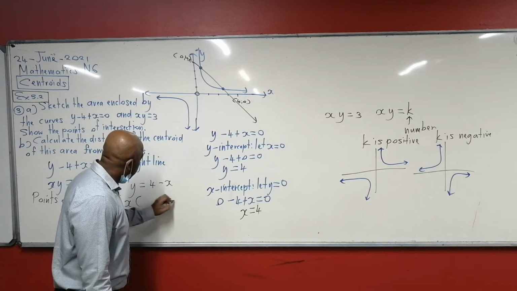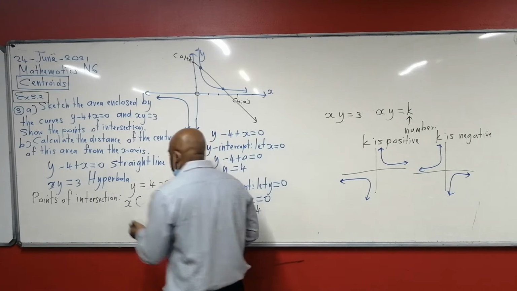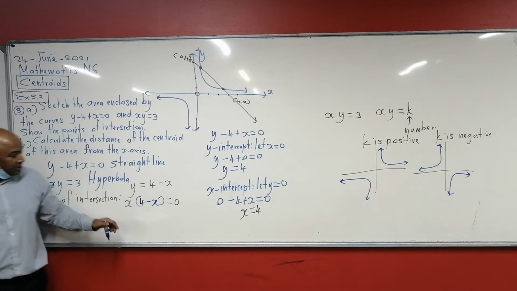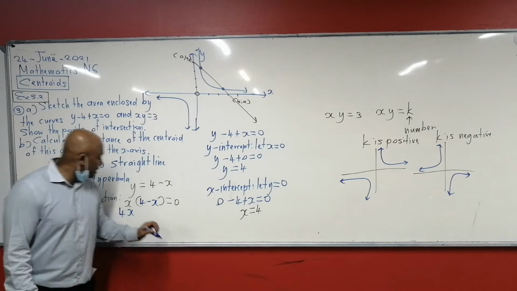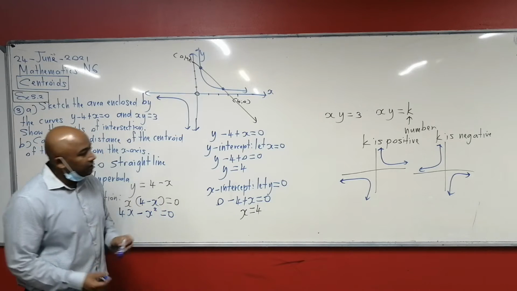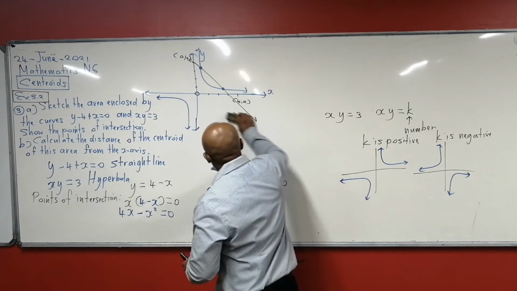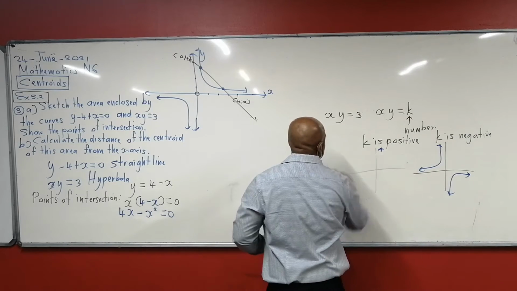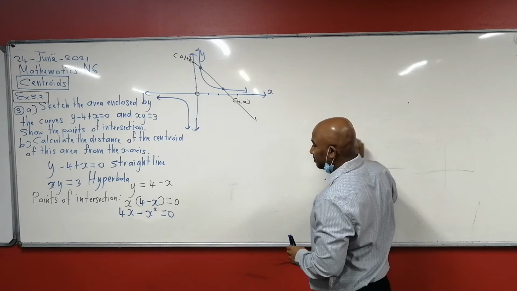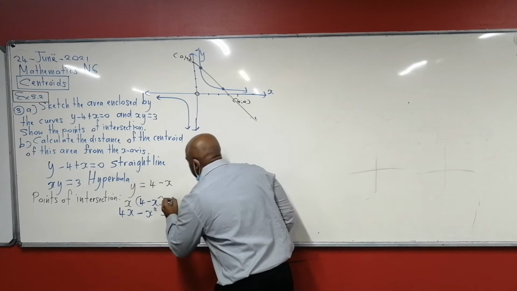What is y? y is 4 minus x, so there's my 4 minus x, and now I can multiply: x times 4 will be 4x, and then x times minus x will be minus x squared, equal to 3.